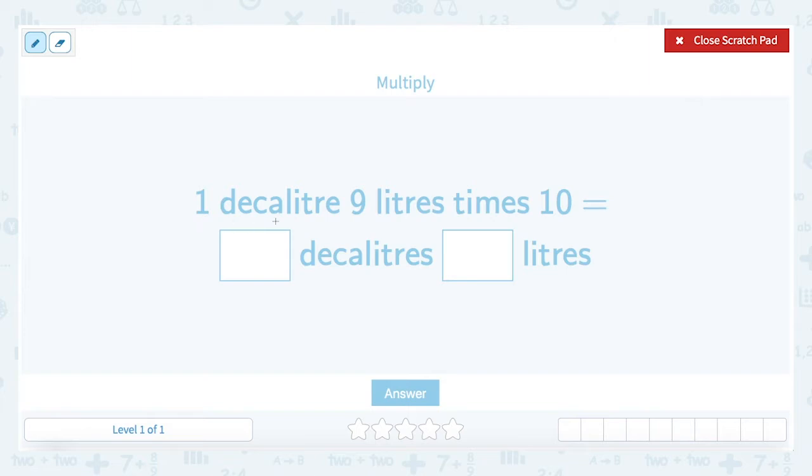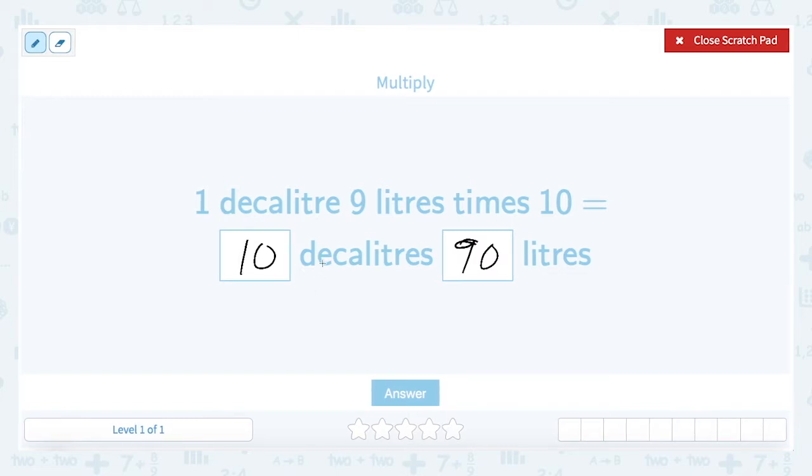So 1 decaliter times 10 is 10 decaliters. And then 9 liters times 10 is 90 liters. However, this is not our final answer.